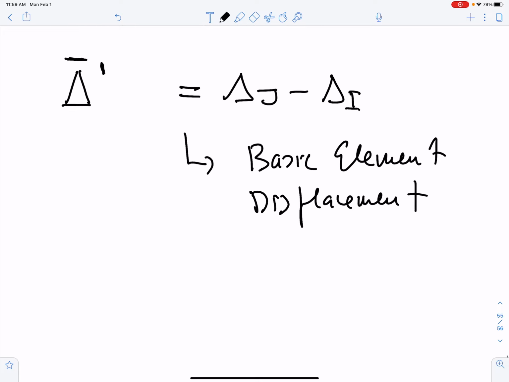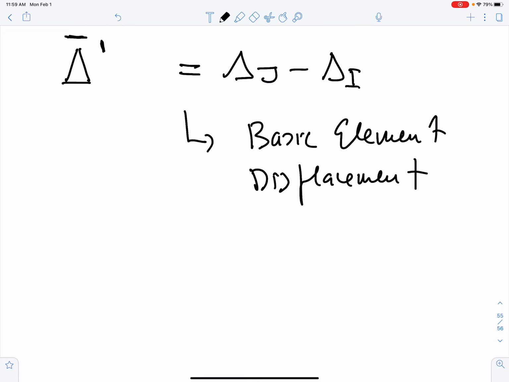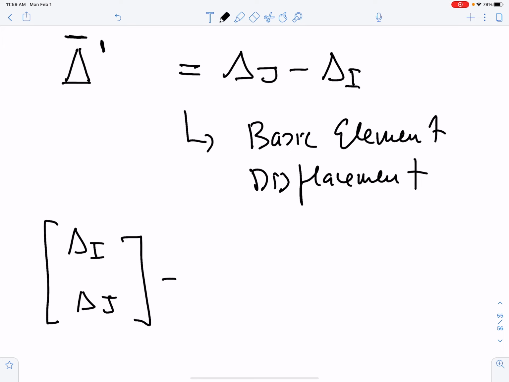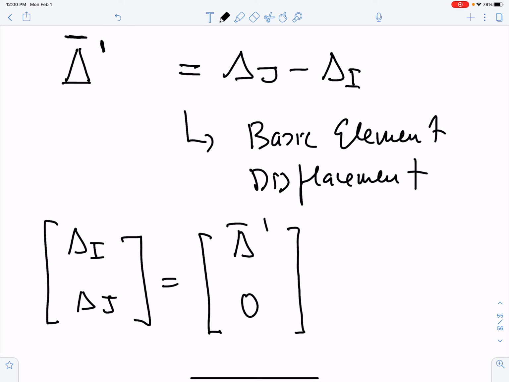Now, if I apply delta I, delta J, that looks like this: delta prime, 0. It means I apply the relative displacement to the one node and keep the other fixed. It doesn't matter which node I center.